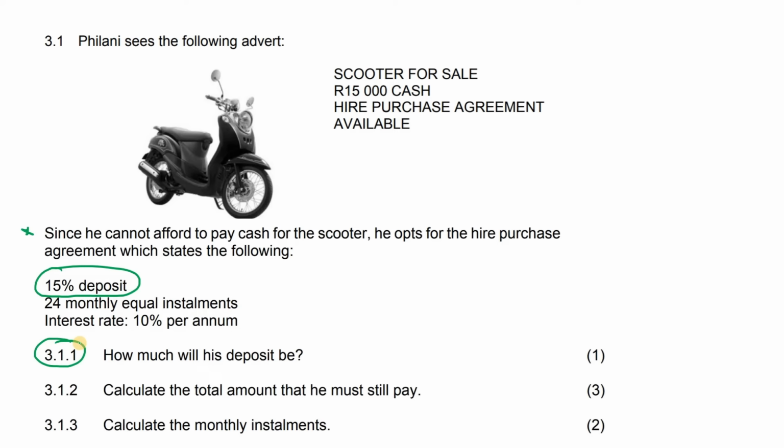Bongiwe invested a certain amount of money into a savings account using compound interest. If the final amount is that, how much did she originally invest? Okay, so this is the compound interest formula, which goes like that. Now remember that this is your final amount. This is your starting amount.